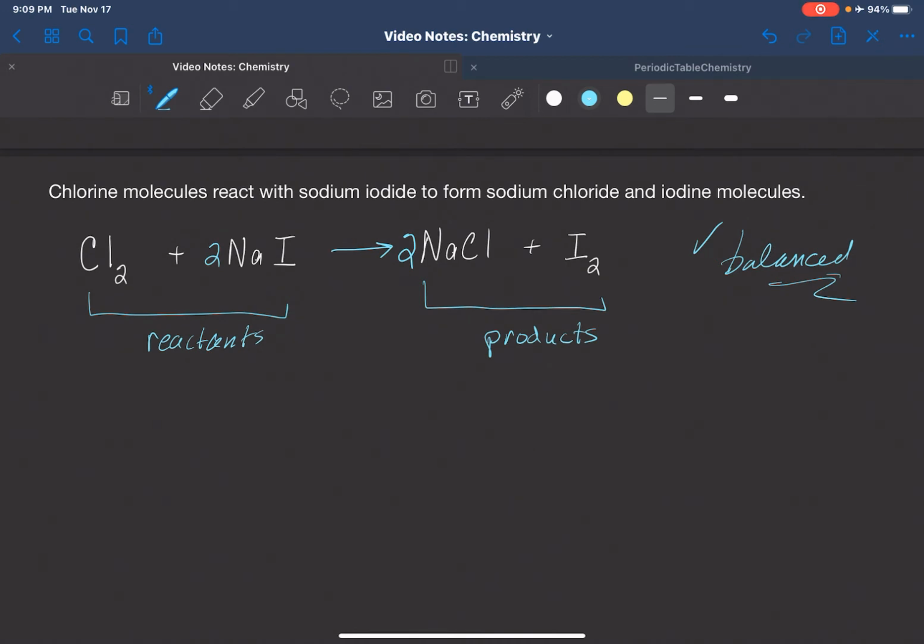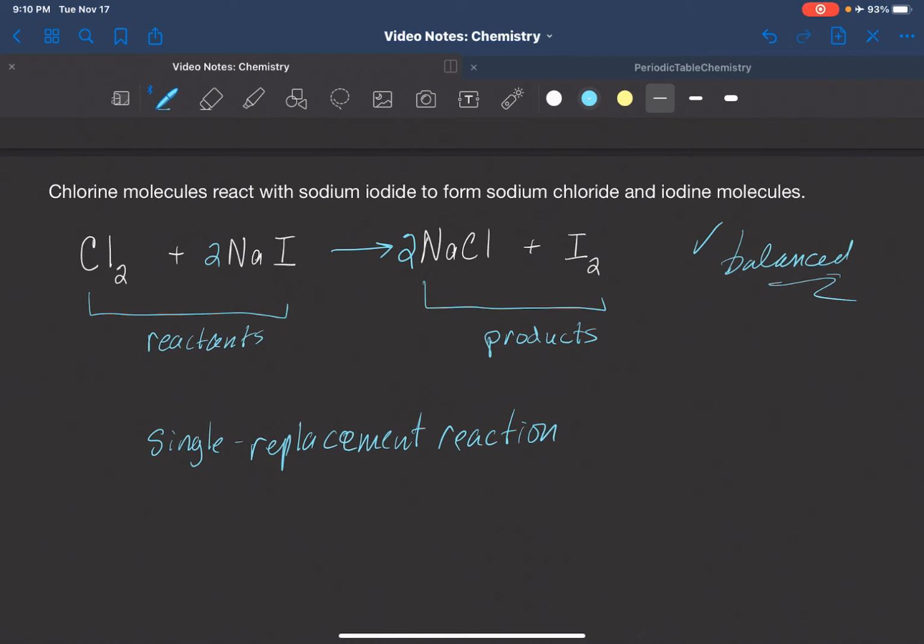And so we see here that there's essentially one compound being added to this molecule of a single type of atom. There are 2 of them together, but that's a single type. Whenever that happens, we know that this is a single replacement reaction.